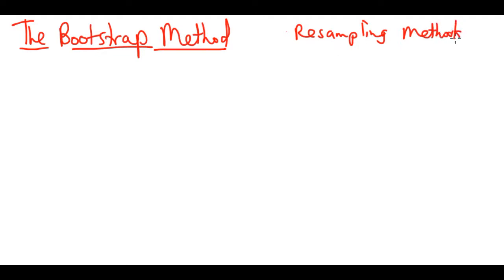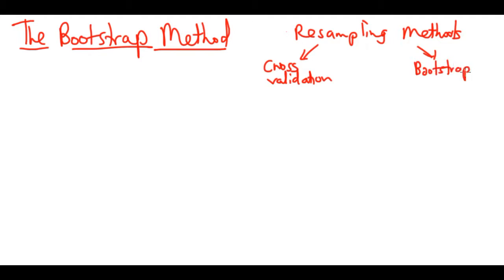Right. So this is going to be the second part of resampling methods. It is something called the bootstrap method, and it's part of resampling methods. As you remember, our resampling methods are divided into cross-validation and bootstrap.